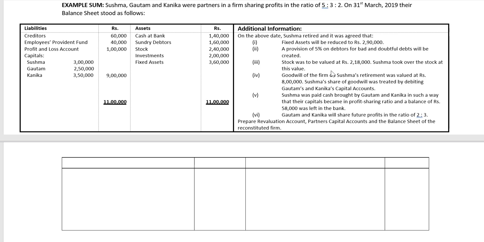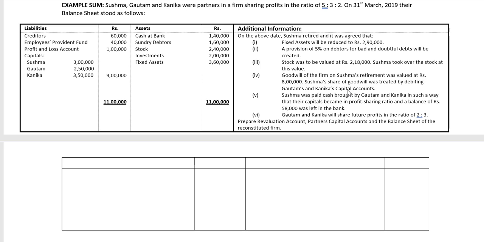Third point, stock was to be valued at rupees 2,18,000. Sushma took over the stock at this value. Fourth point, goodwill of the firm on Sushma's retirement was valued at rupees 8 lakh. Sushma's share of goodwill was treated by debiting Gautam's and Kanika's capital accounts.